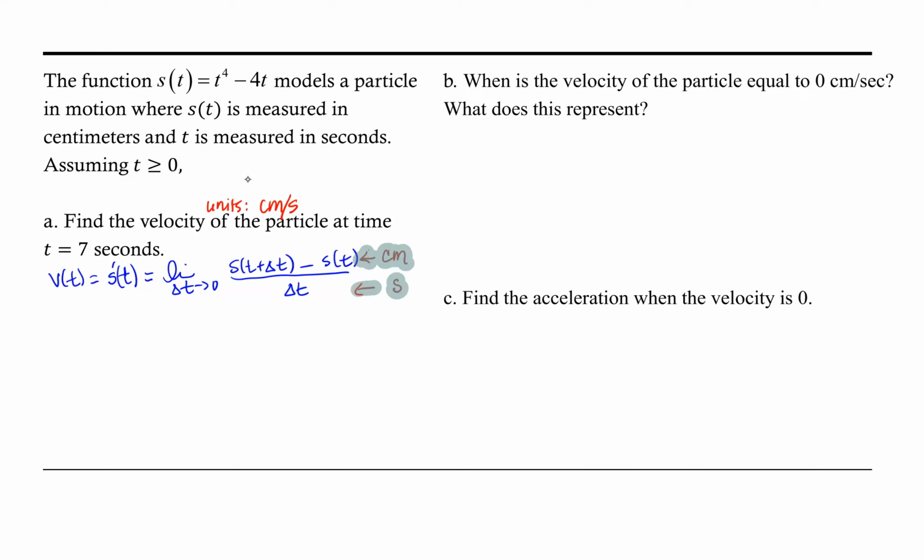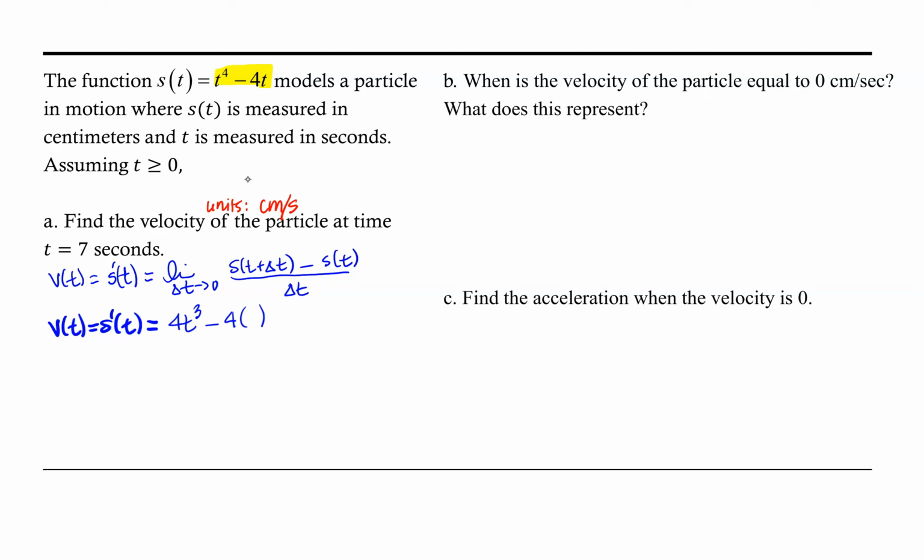Now, we're not going to use that definition to find the derivative. We'll use the rules that we know and have developed. So v of t, or s prime of t, is, using the difference rule, the power rule, and the constant multiple rule, equal to 4t cubed as the derivative of t to the fourth, minus 4 times the derivative of t.